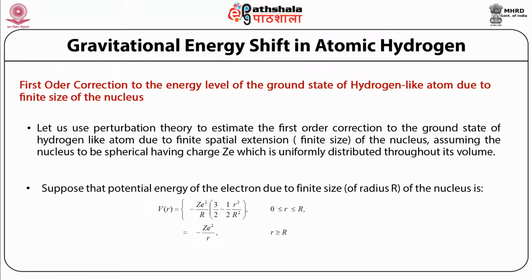Suppose that the potential energy of the electron due to finite size of radius R of the nucleus is V(r) equals minus Ze²/R times (3/2 minus r²/2R²) when r lies between 0 and R, and is equal to minus Ze²/r when r is greater than or equal to R.